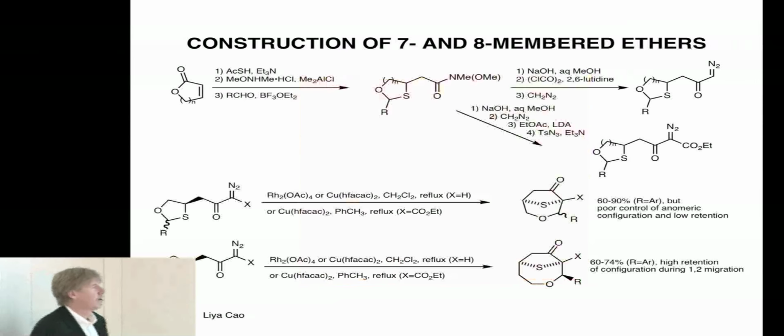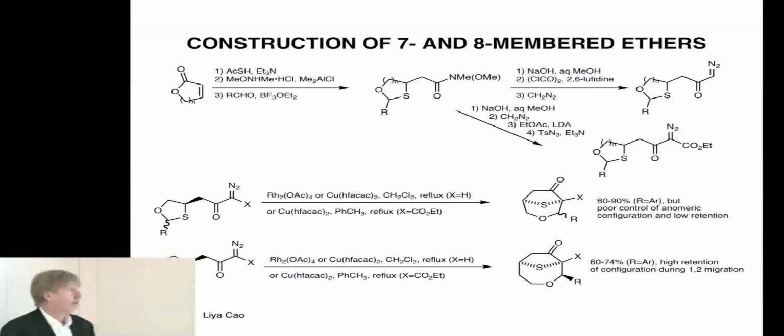And all of these substrates, for the most part, did exactly what we wanted. That is, we reached around, we closed the sulfoniumide, we migrated the anomeric carbon to give a sulfur bridge 7 or 8 membered ring. But there was a critical difference between the 5 to 7 and the 6 to 8. In the case of 5 to 7, we actually saw a pretty poor degree of retention by this migrating center, whereas with the 6 to 8, we typically saw a high or complete retention by the migrating center.